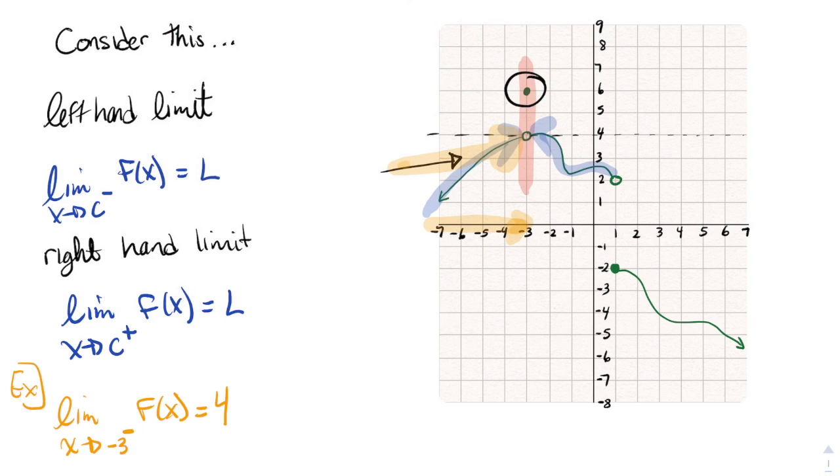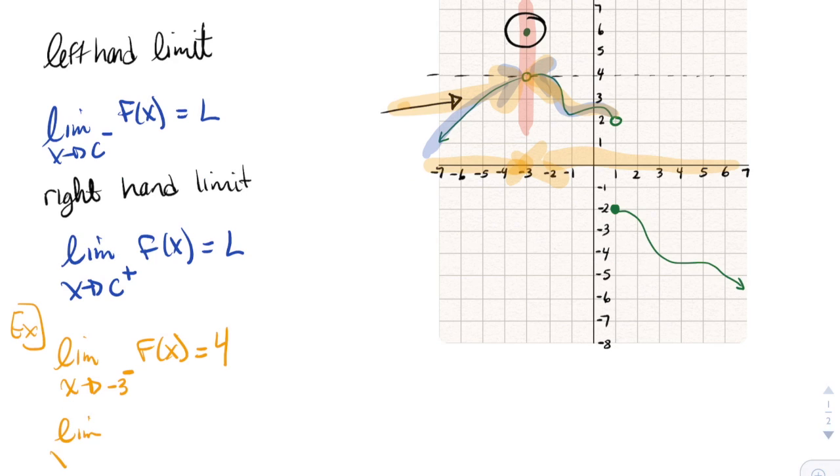So as we approach from the right-hand side, maybe like negative 2.9, negative 2.99999, right? If we're looking at those values, we're still approaching the same y value of positive 4 here. So the limit as x goes to negative 3 from the positive side is also positive 4.